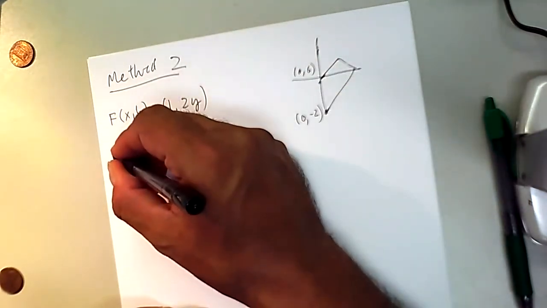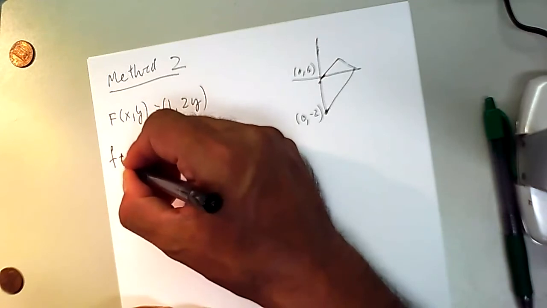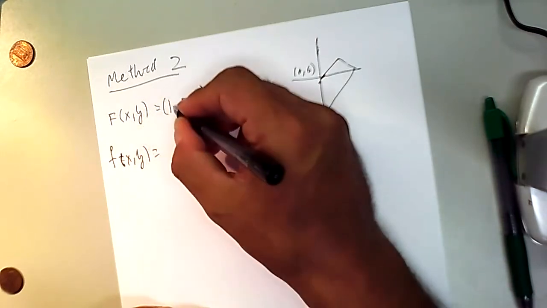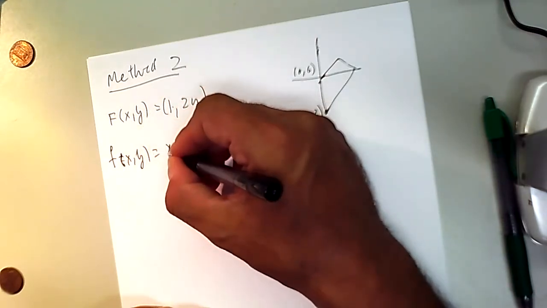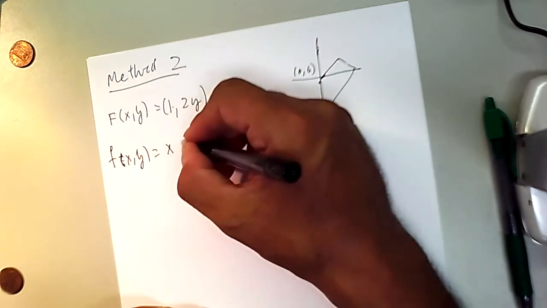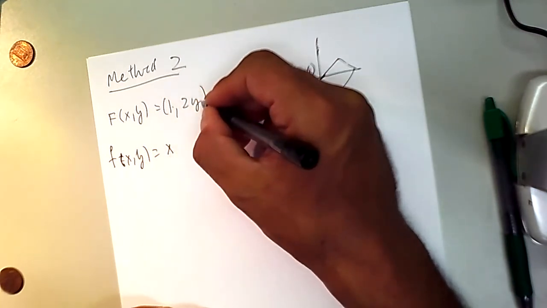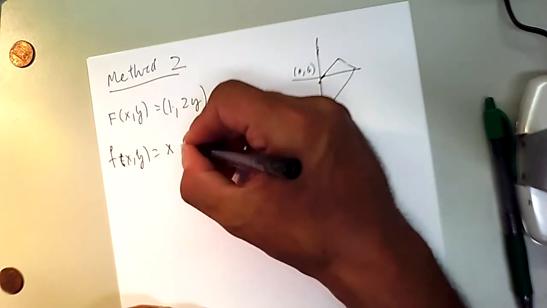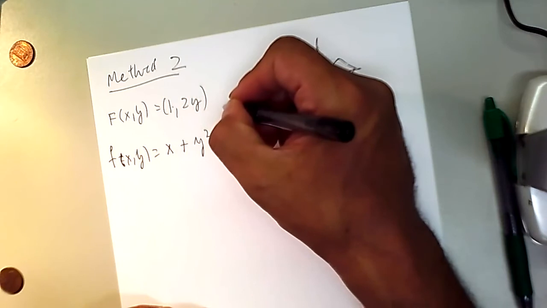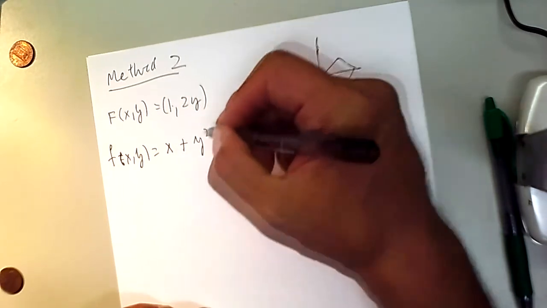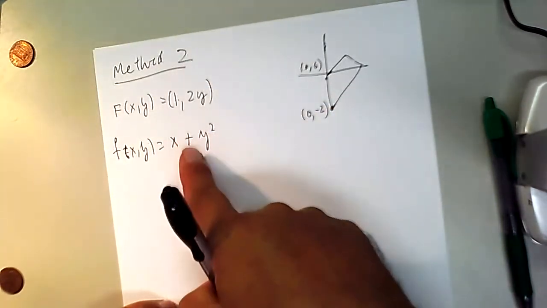Well, let's find out. f of x, y would have to be the antiderivative of this with respect to x, x. Antiderivative of 2y with respect to y is y squared, which is not present here, so we have to add the y squared. And that's it. So this is an anti-gradient of this.